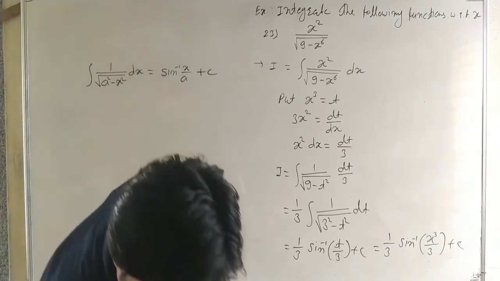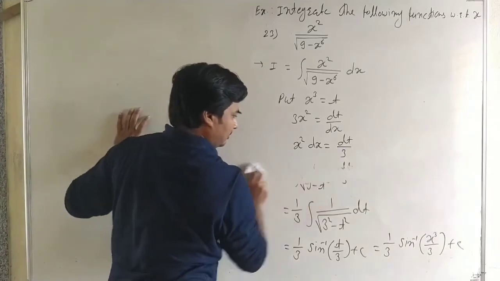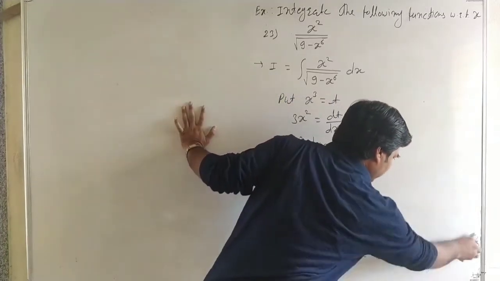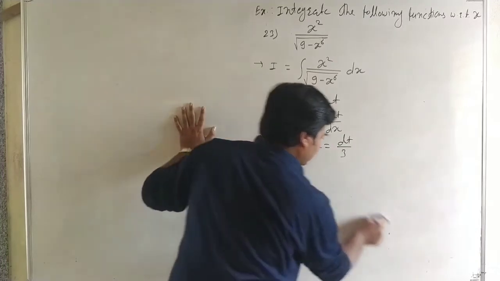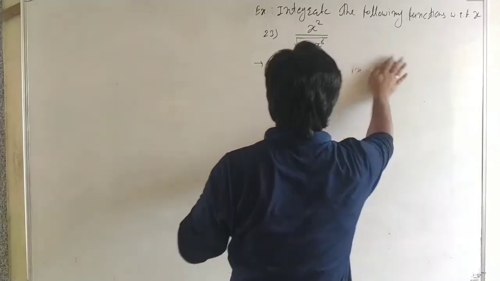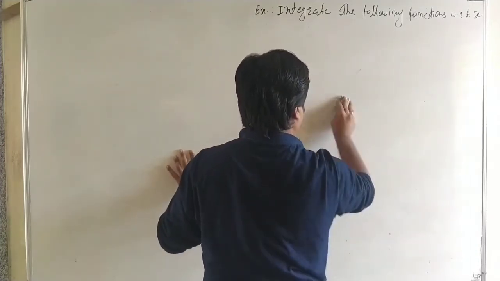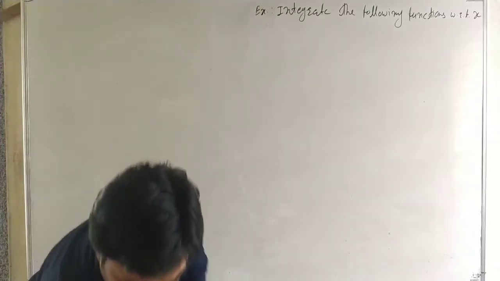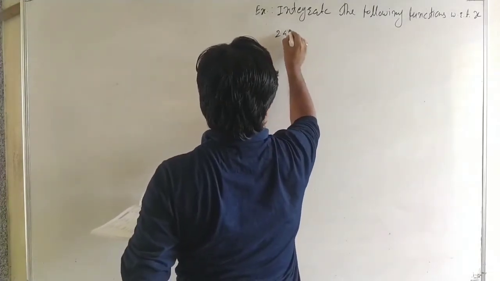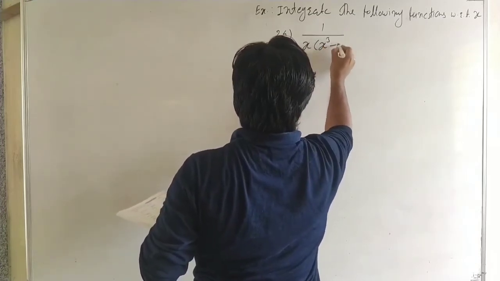Now we see the next example in this exercise. Next example, it is 24, 1 upon x into x cube minus 1.